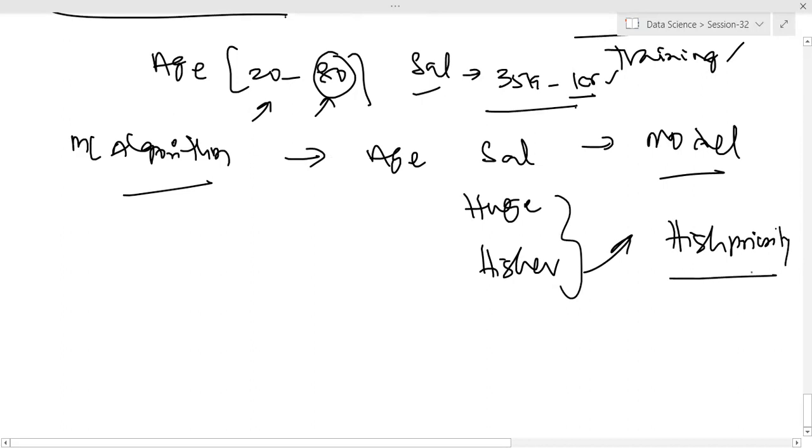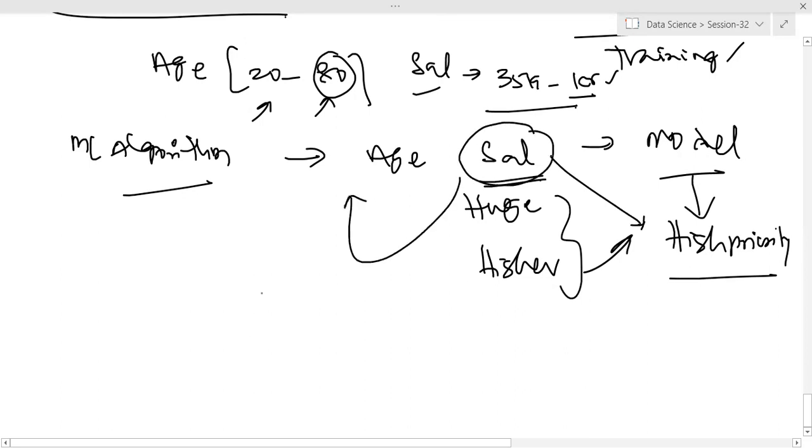It may think that this data set is trying to give some more insight, and that it should focus on this particular salary rather than the age. Then what is the problem with this, friends?